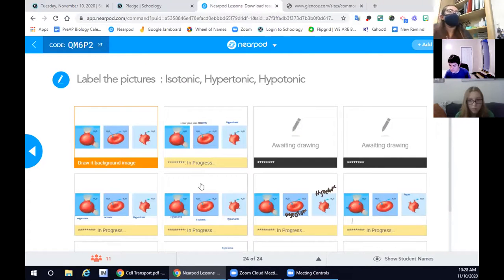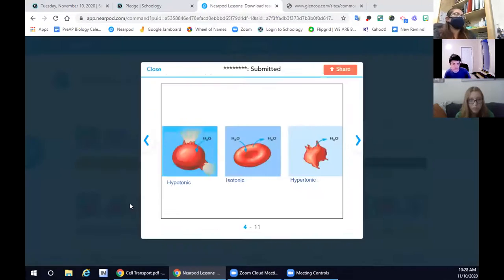All right, so majority of you are getting them all right. Good job. All right, so this one, can y'all see that? So this one is hypotonic, this one is isotonic, and this one is hypertonic. Good job.